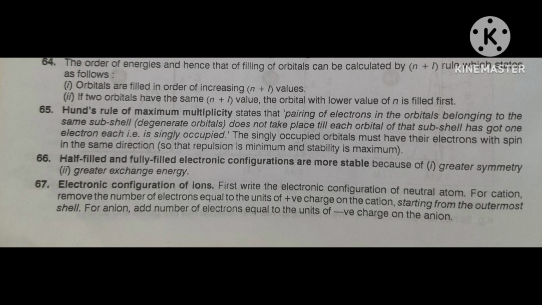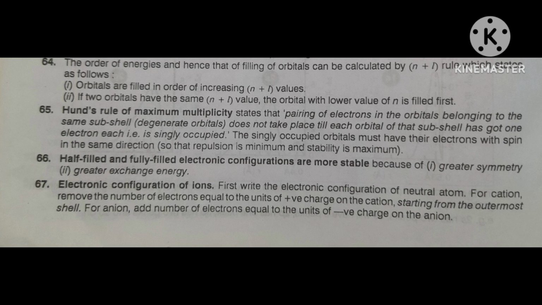It says that pairing of electrons in the orbitals belonging to the same subshell, also called degenerate orbitals, does not take place till each orbital of the subshell has got one electron each, that is, singly occupied.